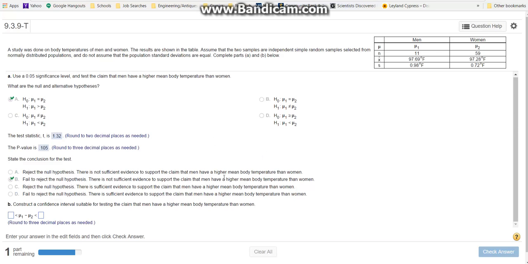Now they want me to construct a confidence interval. Now we have to be careful here. Let me tell you why. We're doing a hypothesis test with alpha 0.05. More importantly, this is a one-tail test. To find the equivalent confidence interval, we have to put alpha 0.05 in each tail. Why?